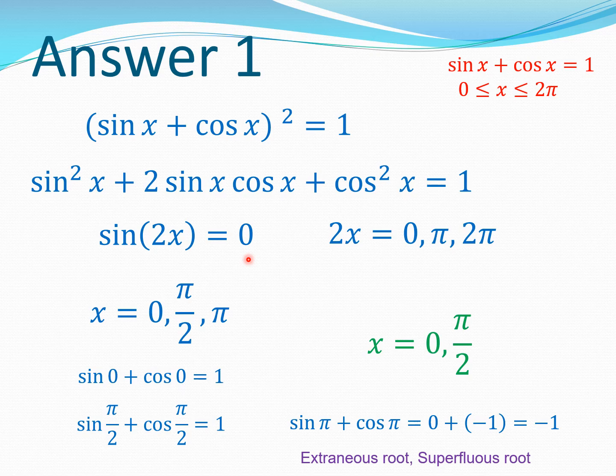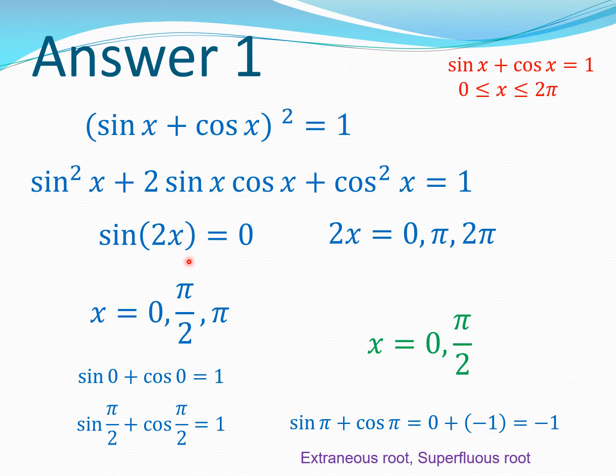Now, of course, you know that the sine function has many zeros, and within the range which has been given, that is 0 to 2 pi, you are going to have the possibility that sin 2x is going to be 0. That of course satisfies this equation, or rather 2x equal to 0. And then the next one would be 2x equal to pi.